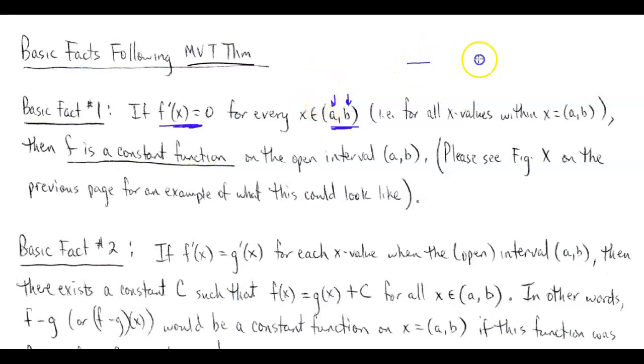Okay, so essentially you have a horizontal line, and the horizontal line is going to look something like this. And we can't really say what's going on specifically at x equals a and x equals b, but what we can say is everywhere in between it, we know we have a constant function if the derivative of this particular function is going to be 0 anywhere in between x equals a and x equals b.